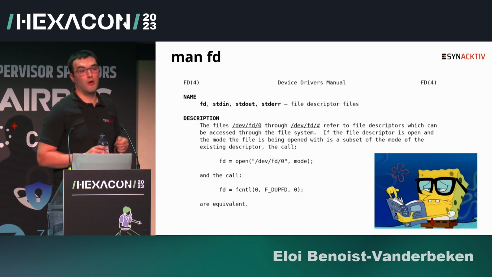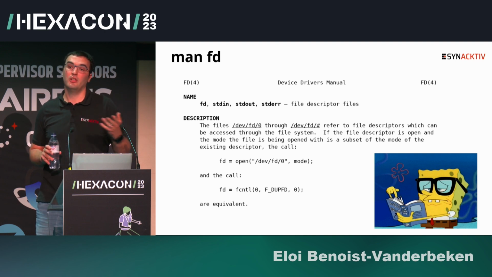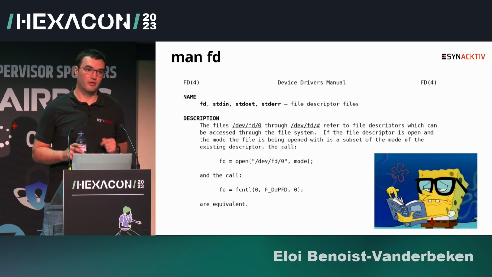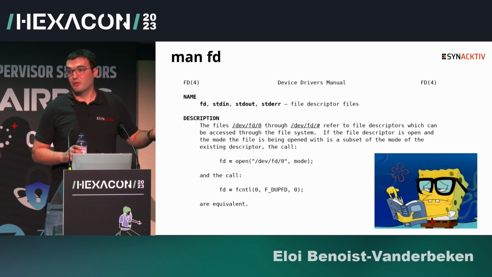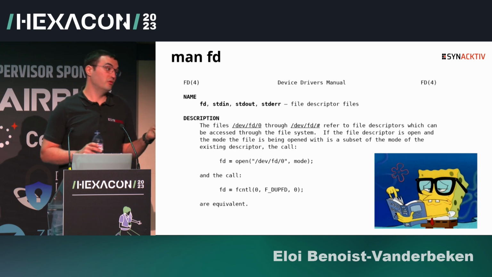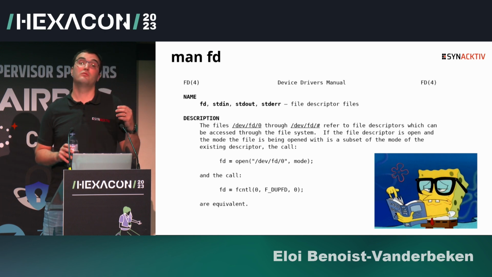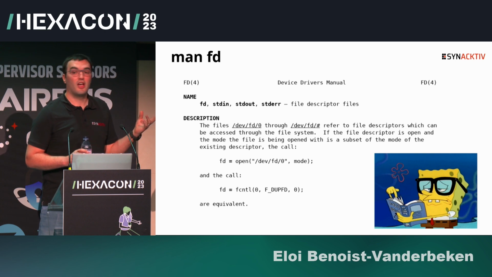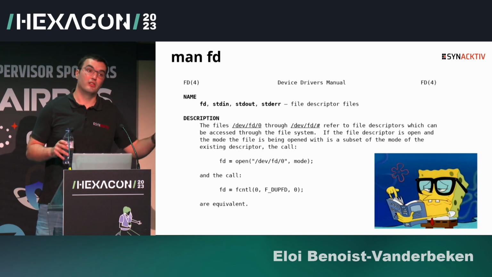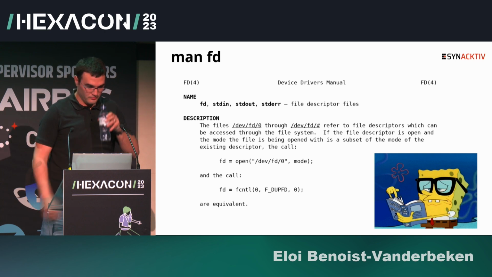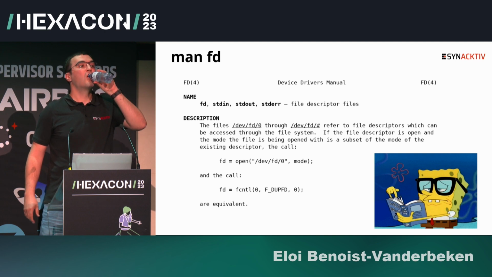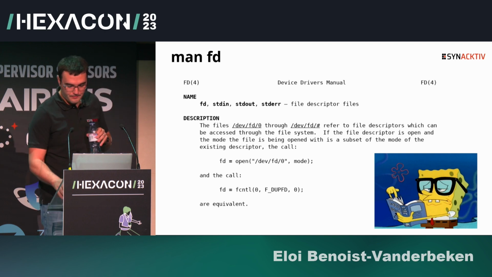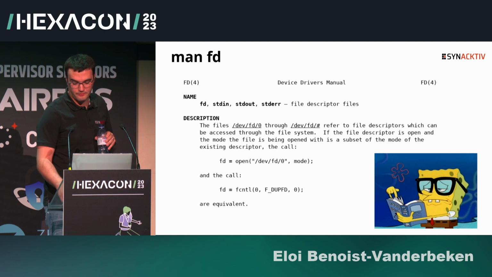For example, if you open devfd 0, you will reopen your FD 0. It's a little bit like dup, but you can also choose to change the rights. For example, if you have a read-write FD, you can reopen it as read-only or write-only. I don't know why this exists, or if anyone actually uses this, but it's there.